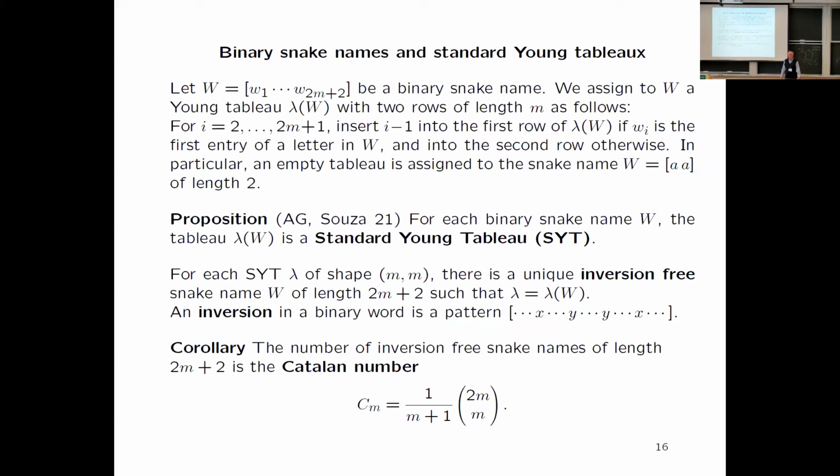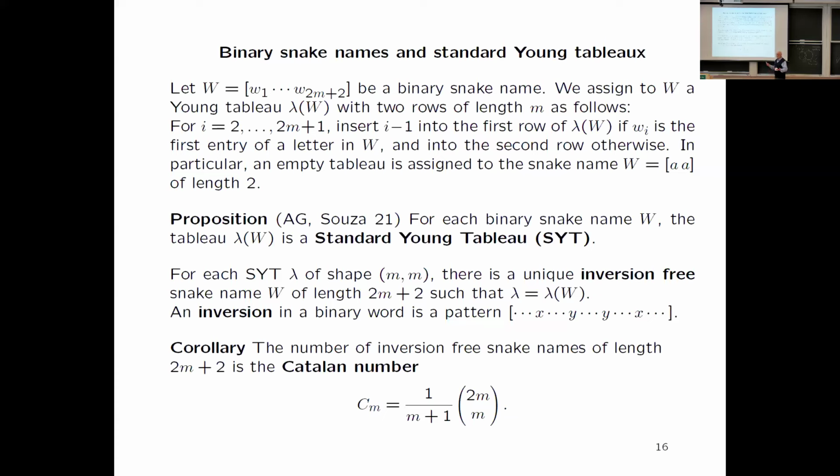So again, there are lots of open problems here. You can see they are combinatorial, with a very natural geometric origin. At least for these non-crossing binary snakes, you know how to count them.